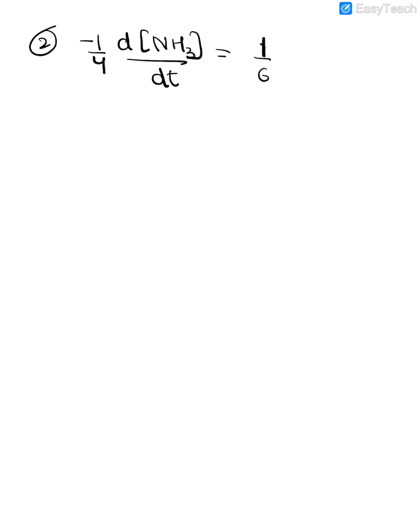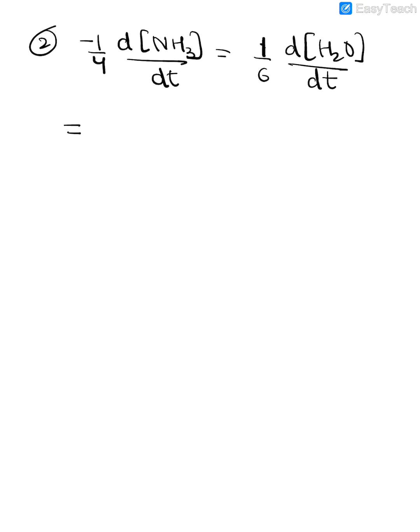Similarly, now we need to find out the rate of formation of water. So the second part can be calculated as, we can take this and equate it with the rate of formation of water.